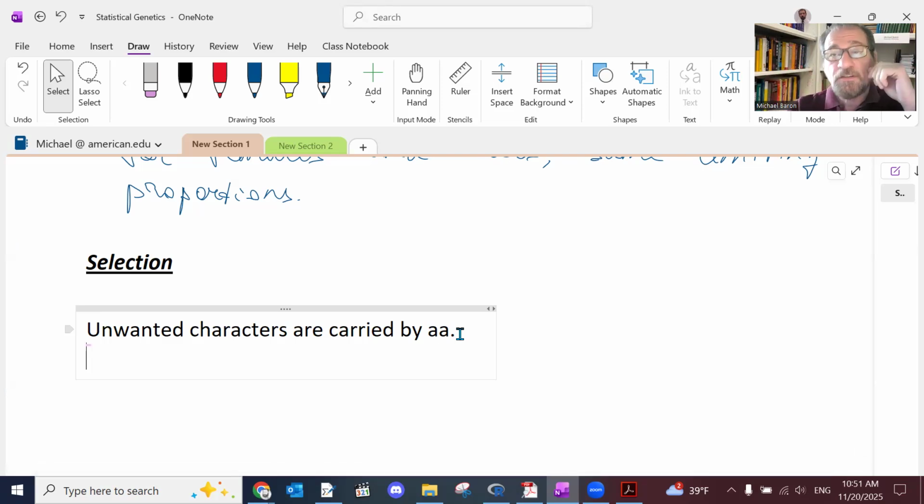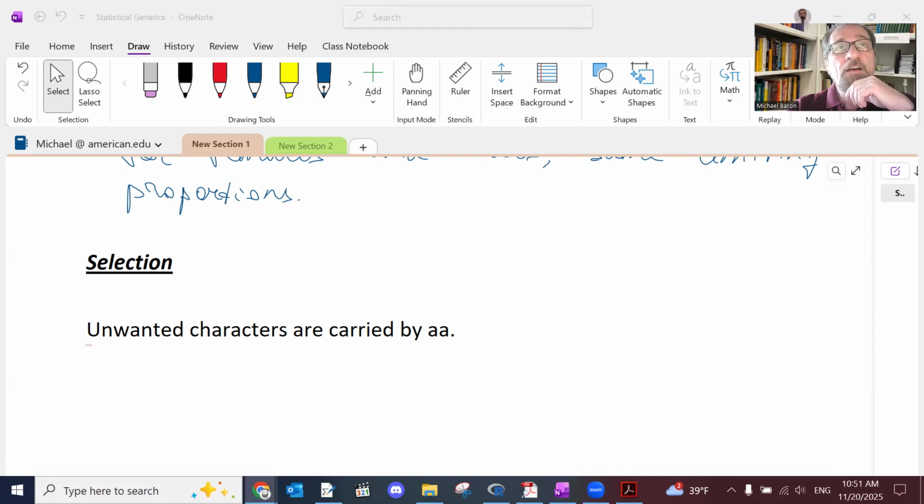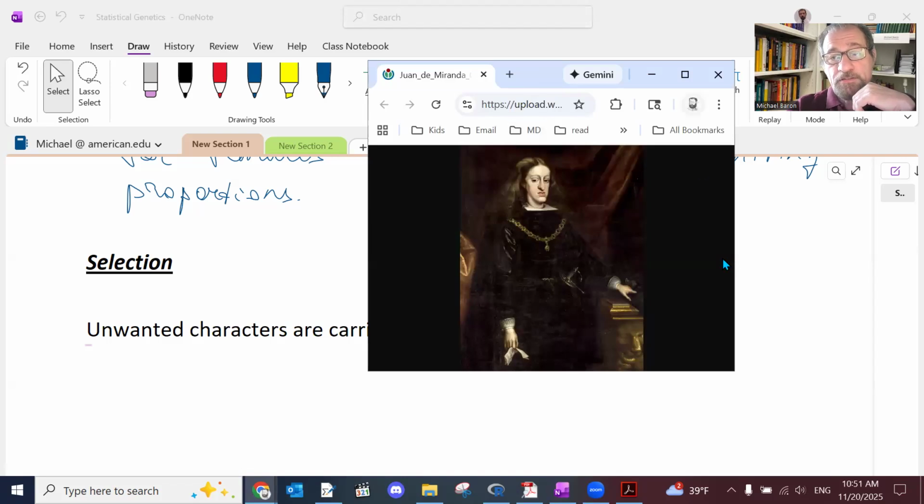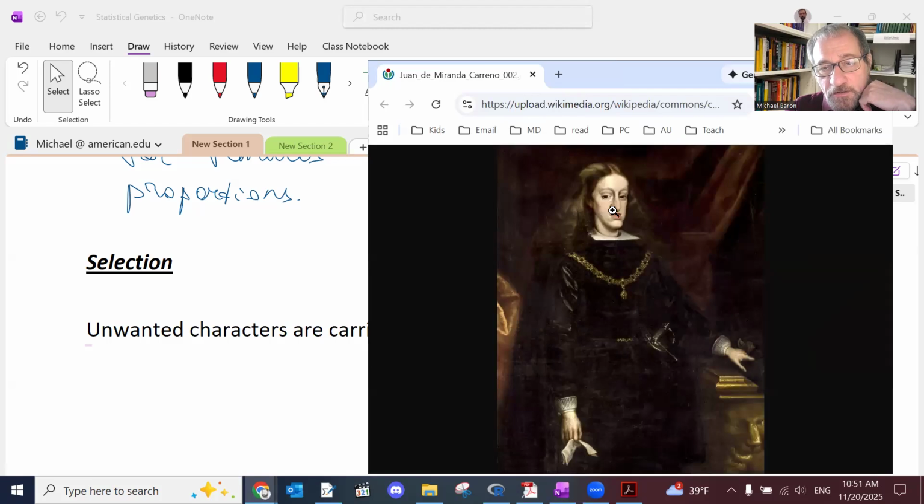The result? Well, the results are seen in portrait galleries. If you have seen the portrait, this is a king, Spanish King Charles II. You can look at the portrait and see that he's not well. He was a very sick person. Actually, this portrait is quite flattering. The artist tried to make it better than he was in reality.